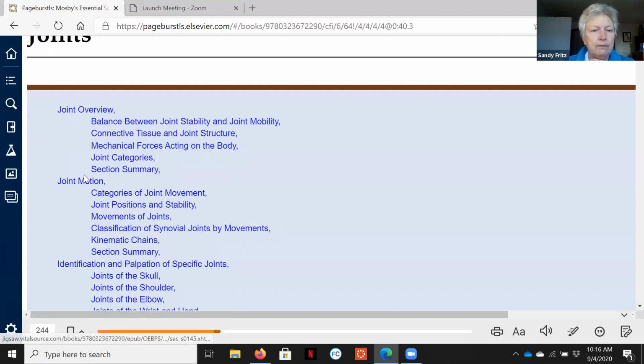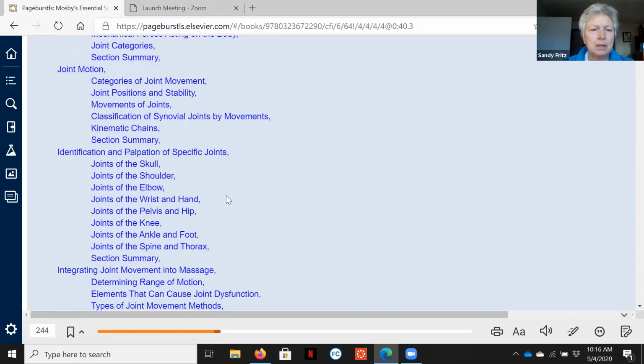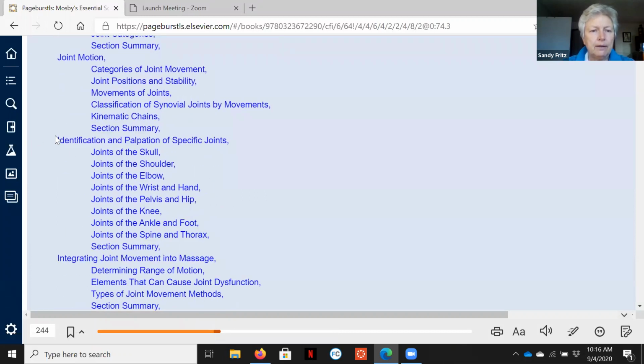And then we have information here related to the function and the form, and function and form overlap. And then we have the individual joints, and there is a feature in this area where it's going to actually talk you through palpating the structures of each joint.